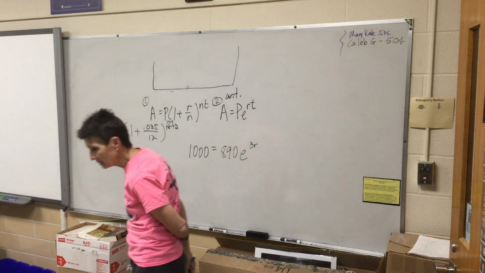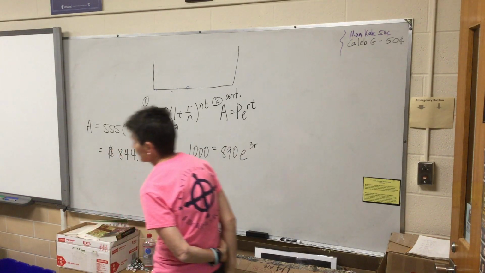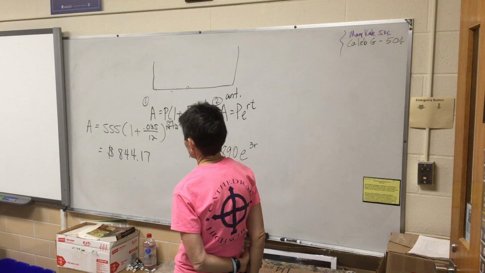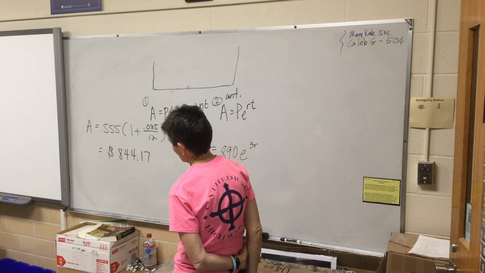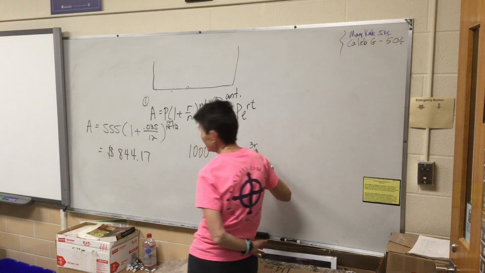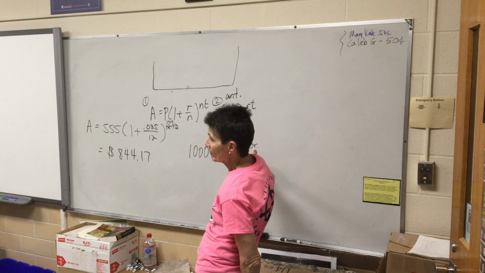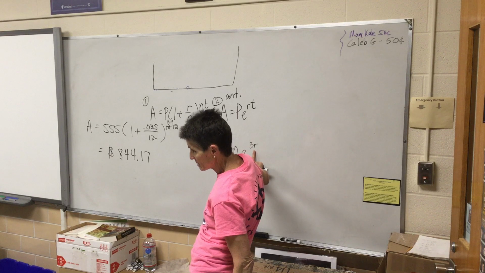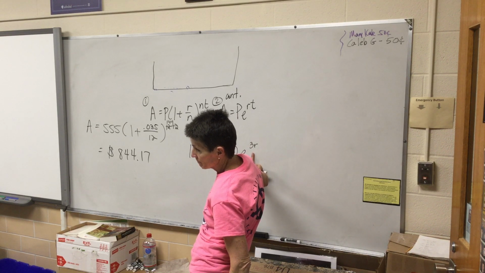Andrew, am I going to need logarithms to solve this? No. Yes, I do, because look where my variable is. When your variable is an exponent, you need logarithms. Okay?